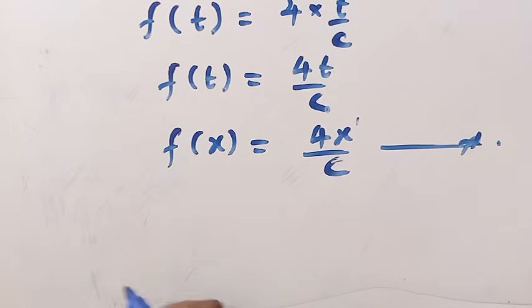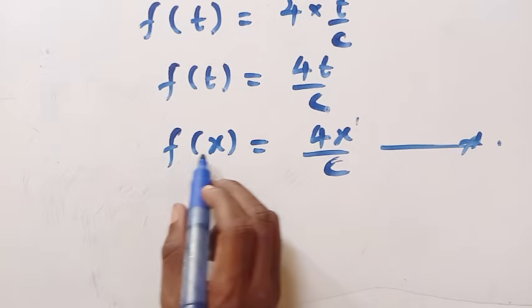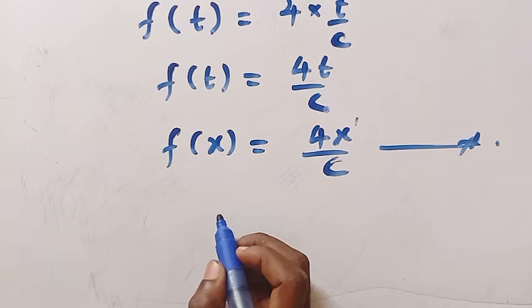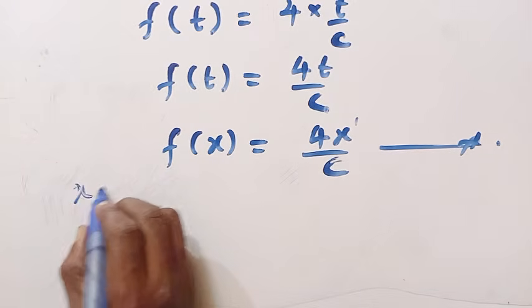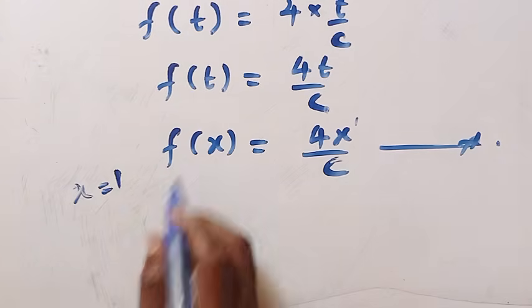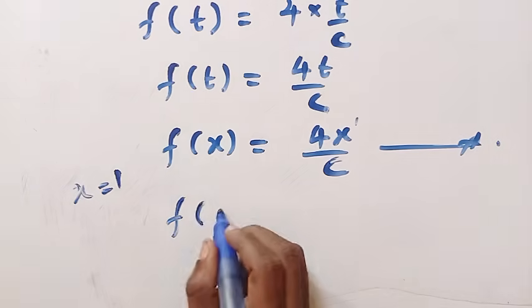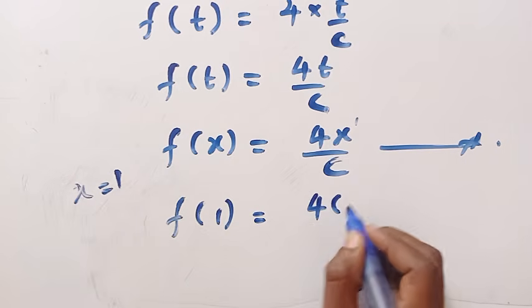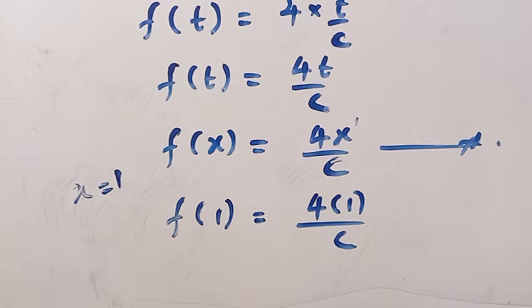We need to know this constant value, and what we do is, from where we have f(x) equals 4x divided by c, let's say I let x equal 1. What will happen? Why am I doing this? I will explain later. We are going to have f(1) equals 4 times 1 divided by c.